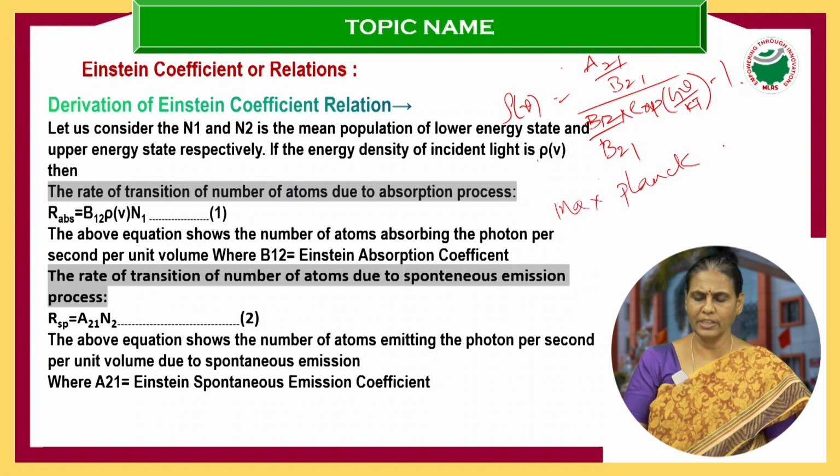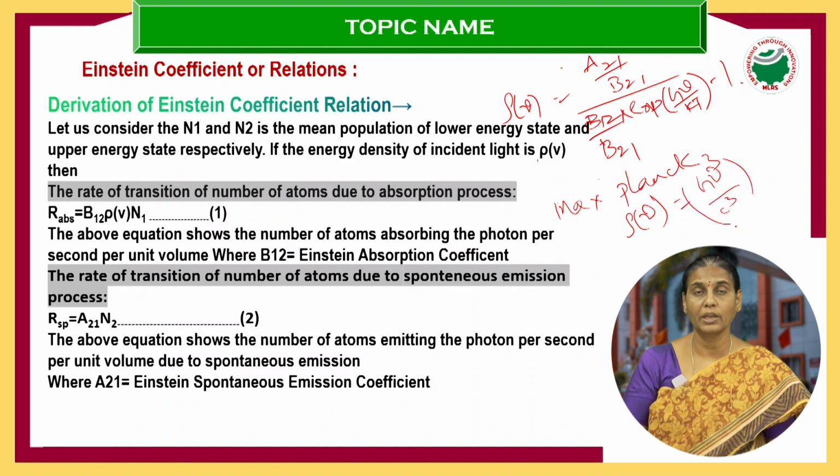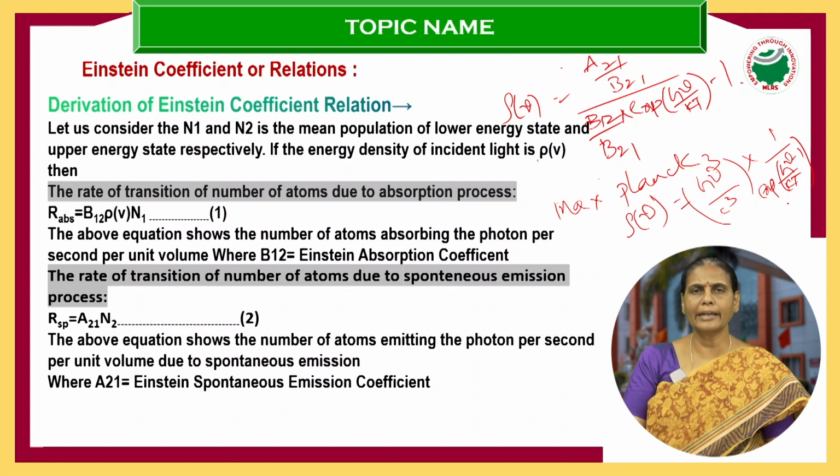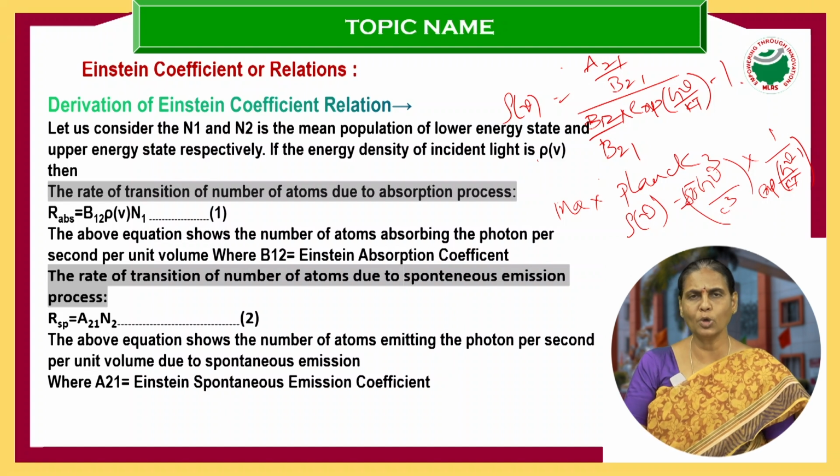According to Max Planck, the energy density equation which he has given is rho of nu is equal to 8 pi h nu cube by c cube into 1 by e power h nu by kt minus 1.